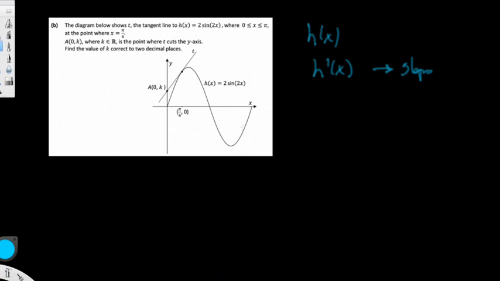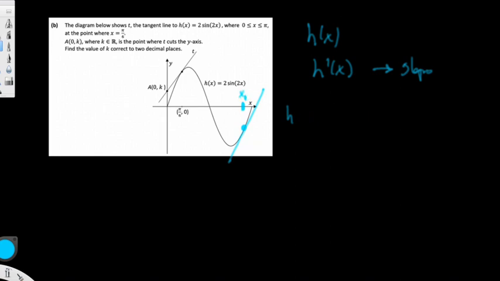So if we were, like here, at this particular value of x, we'll call it x1 or something like that, then we can get the slope of the tangent line to the curve there using h prime and then subbing in that value of x. Maybe that value of x is 10 or something, and then subbing it in. So that would give us the m, the slope of that tangent line, okay?